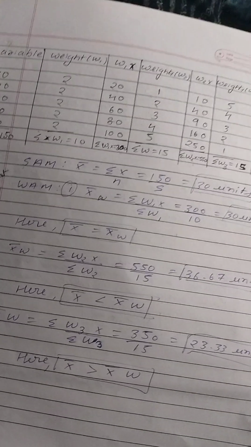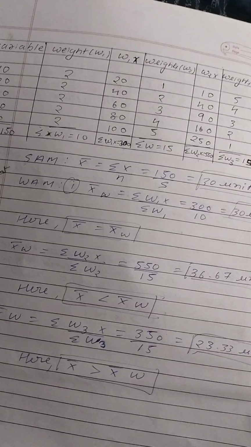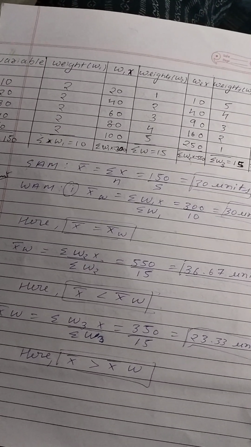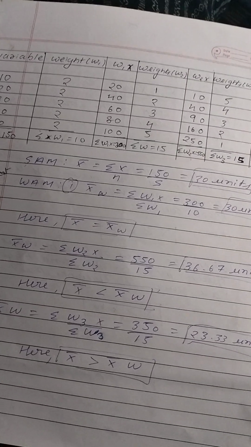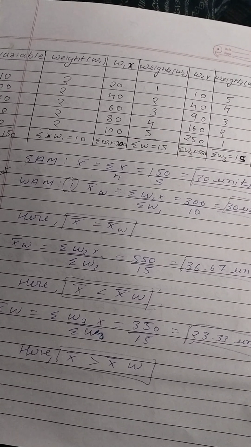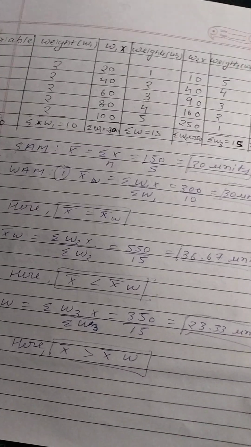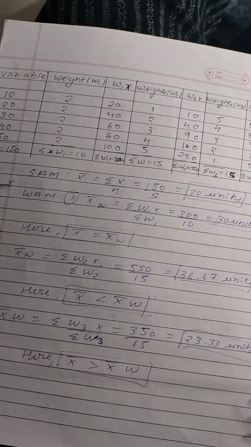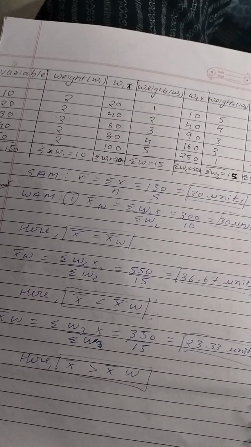To compare with it, you have to calculate the weighted mean, summation wx by summation w, and you get 300 by 30.